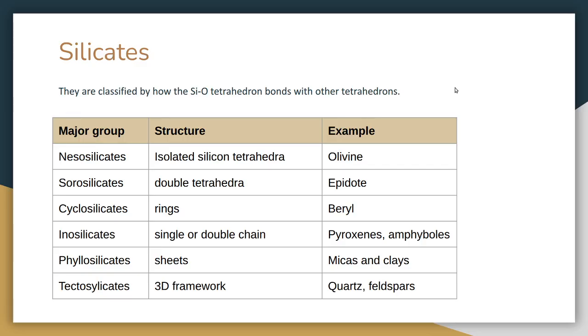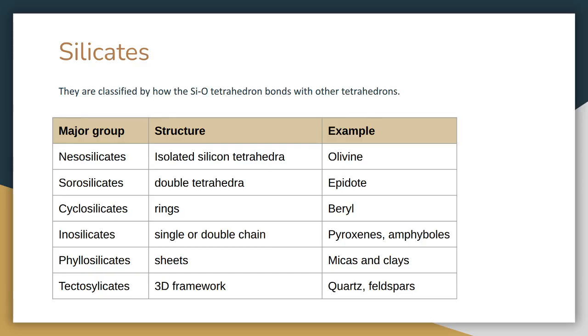Cyclosilicates, which bond in rings. Inosilicates are single or double chains. I'll put some pictures later. Phyllosilicates, which bond in sheets, and tectosilicates, which are a 3D framework.